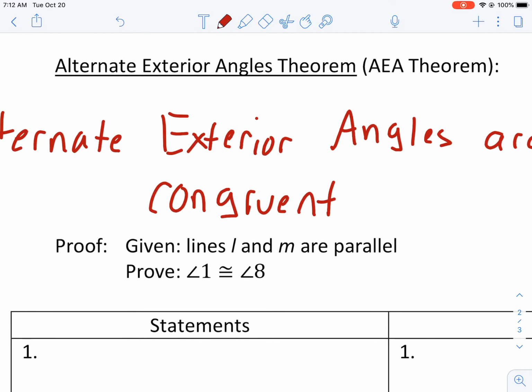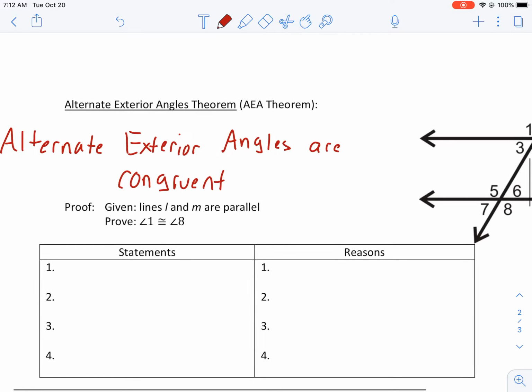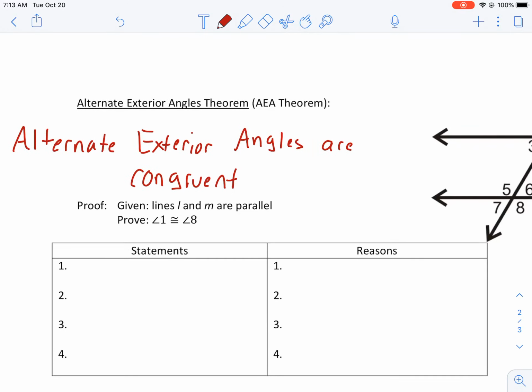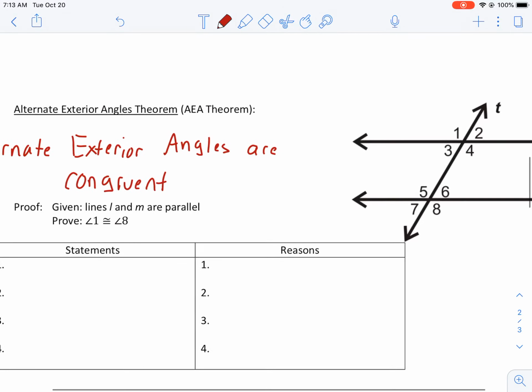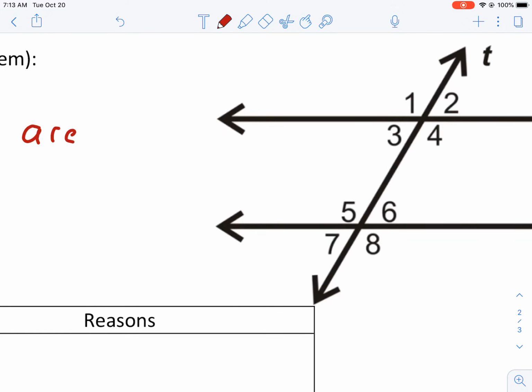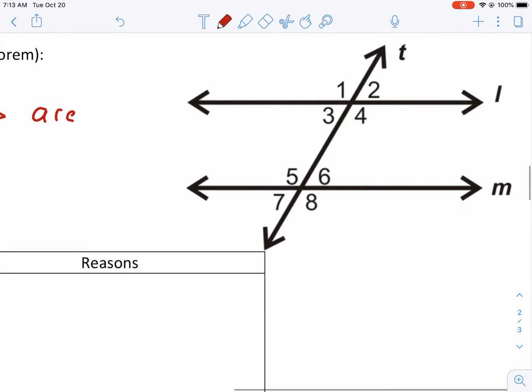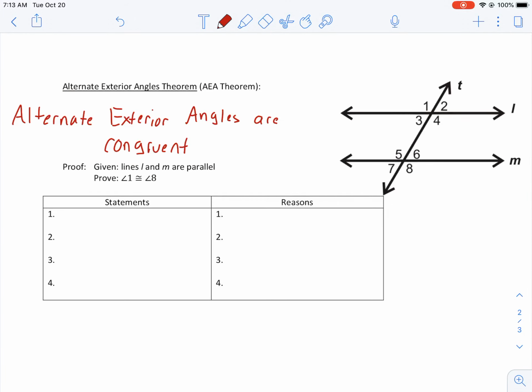So 3 of the 4 things are that they're congruent. The only thing you need to remember is that same side interior angles are supplementary. And you should be able to tell that they're not congruent because this is small and this is big. For all the other ones, like 1 and 8, alternate exterior angles, it's big and big. So you can figure out just by looking at it what they are.